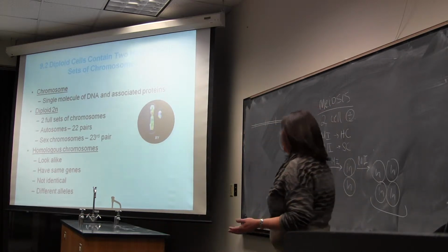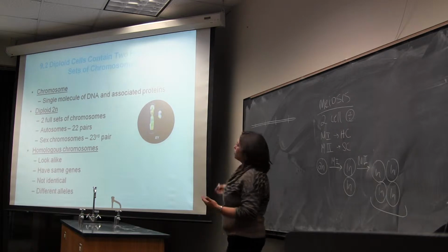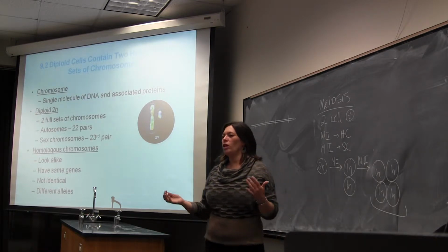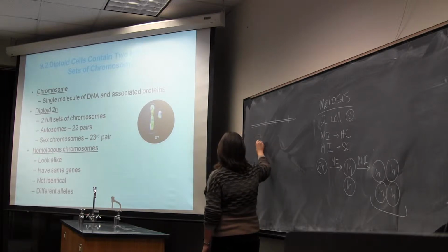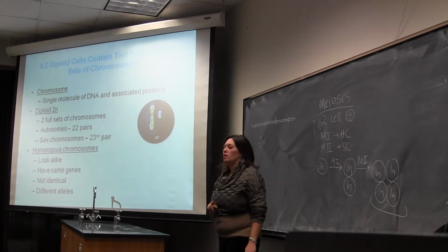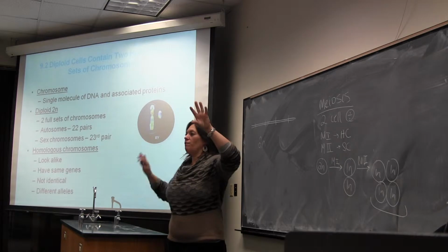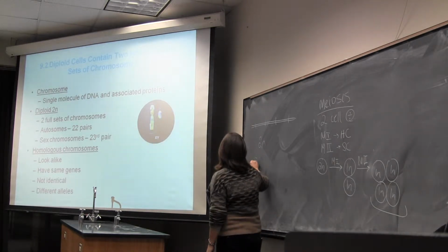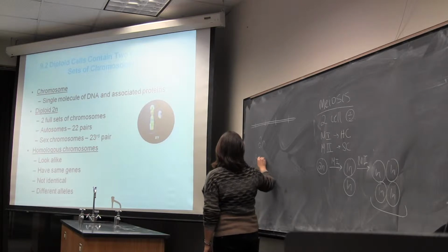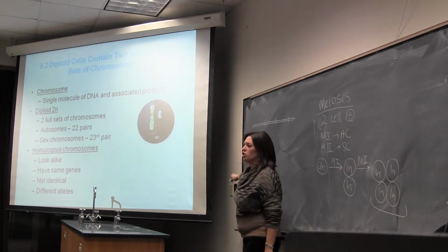And by the way, these genes are arranged on chromosomes. So an adult human has 2 sets of genetic information, right? We have a set from mom and we have a set from dad. So that means that we are diploid. A diploid organism is going to have 2 sets of genetic information.